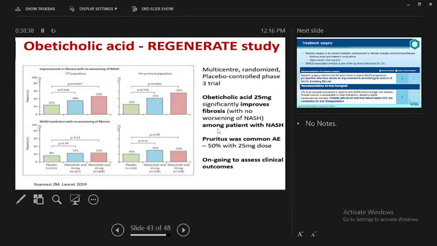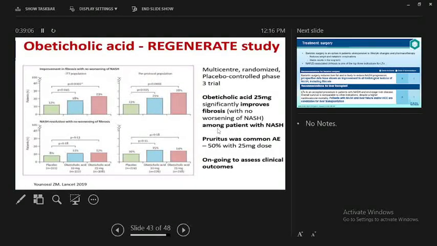diabetes. The other drug is obeticholic acid, from one of the latest trials, the REGENERATE study, which shows obeticholic acid 25 mg significantly improves fibrosis with no worsening of NASH among patients with NASH and fibrosis.